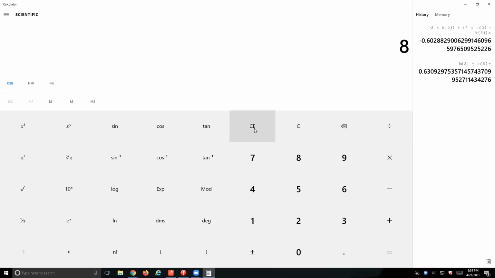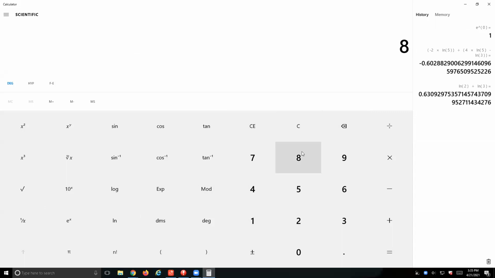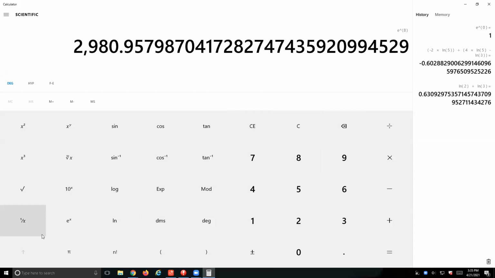E to the power 8 is 2,980.95798. How many decimal places do they want?